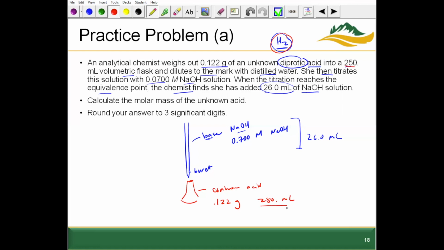So we have 250 mL of the acid where we originally dissolved 0.122 grams into a flask to make this concentrated acid. In the end, we're going to calculate the molar mass of the unknown acid that was used to make this diprotic acid solution.